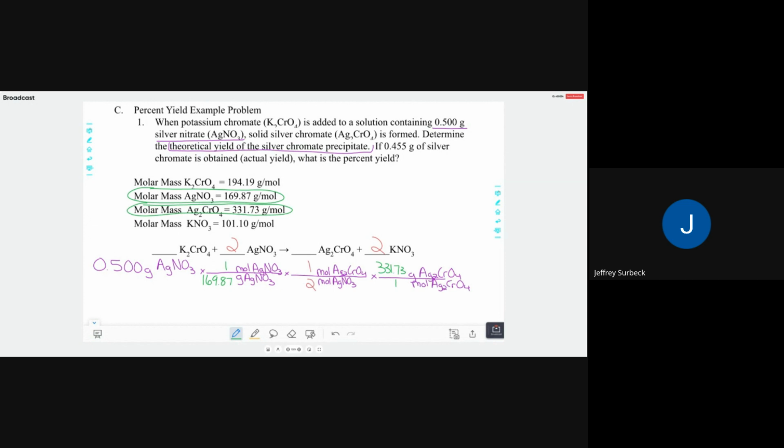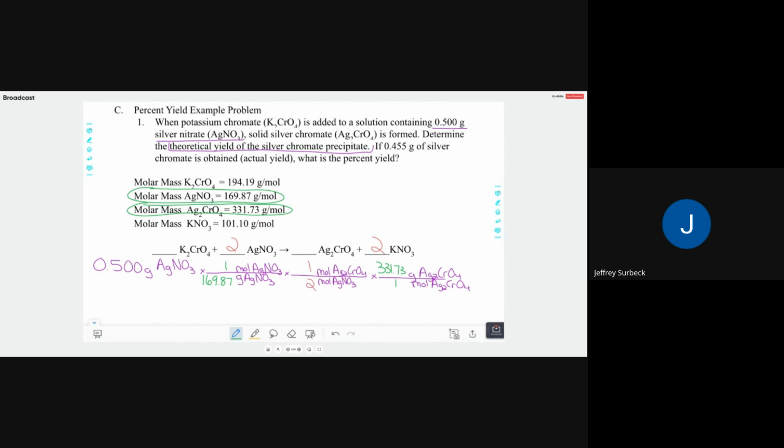All right. So in our calculators, we have 0.5 divided by 169.87. I hit enter. I get 0.0029. Number keeps going. Now we got to be careful because it's times 1/2. So diagonals divide. So I'm going to take my number in my calculator still. I'm going to divide by 2. I get 0.00147. Keeps going. Last step here is I multiply by 331.73.